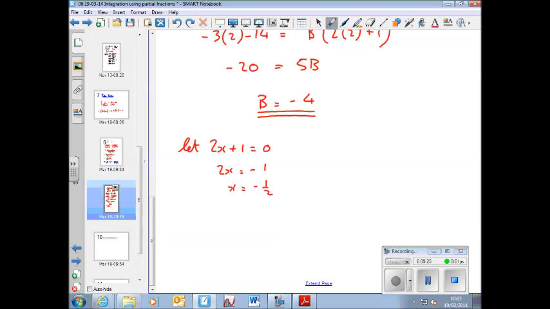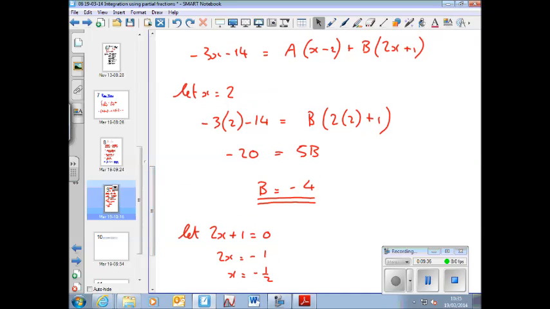So I let x equal minus a half and then go through the same process. So would you like to just go back to this original equation here, and substitute in x equals minus a half so that this term disappears, and find a.